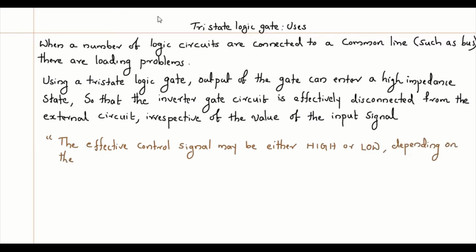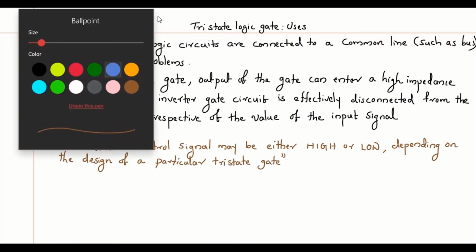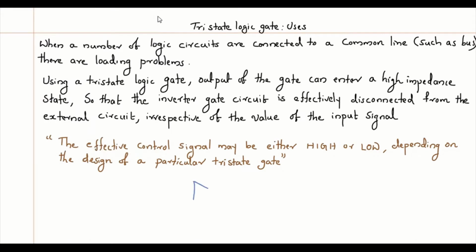In the previous case, we have seen the control signal is high. The control signal can be either high or low depending upon the design of a particular tri-state gate. Let us consider an example of a tri-state inverter gate with active low control signal.